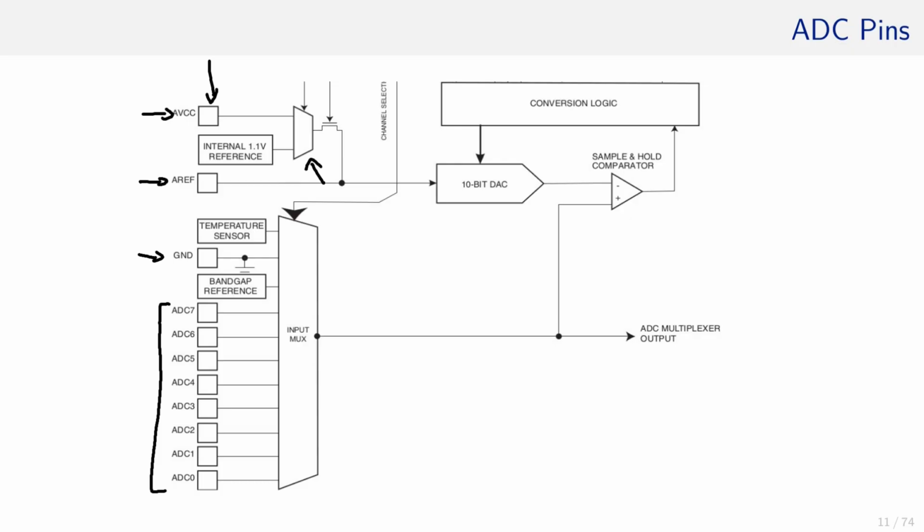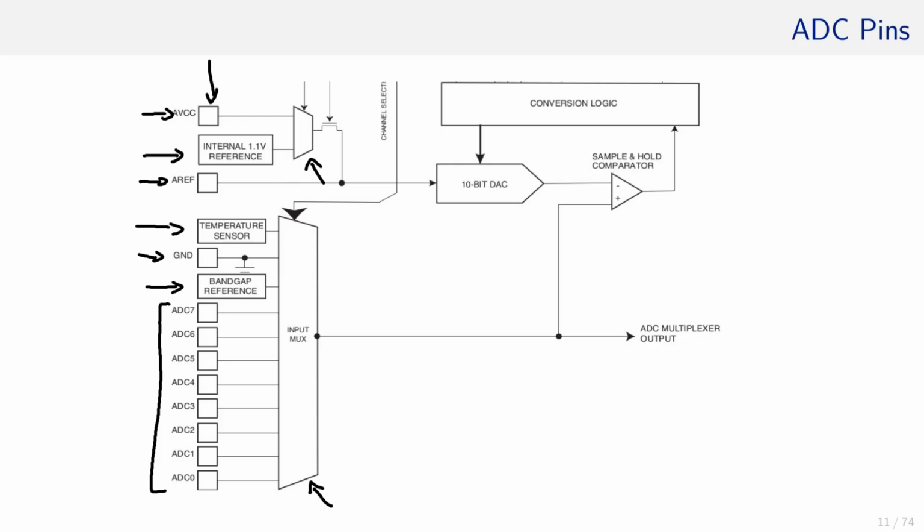These multiplexers allow the developer to choose which pin value should be forwarded. It's an exclusive choice. Apart from the pins, the developer can also choose from internally connected options, such as an internal 1.1 volt reference, the bandgap reference, and interestingly, a temperature sensor.